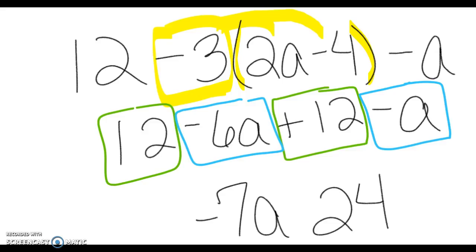Oh, I don't have a symbol in front of my 24. So since I put the 24 after the -7a, I have to have either plus or minus in there. Well, since it came out to +24, I'm going to put a big positive sign there. So -7a plus 24.